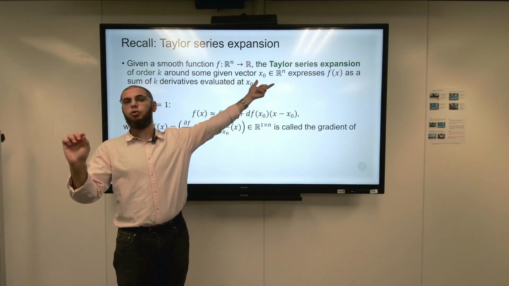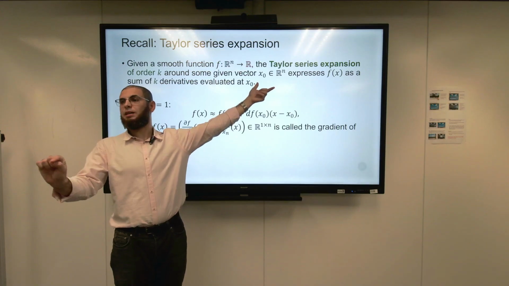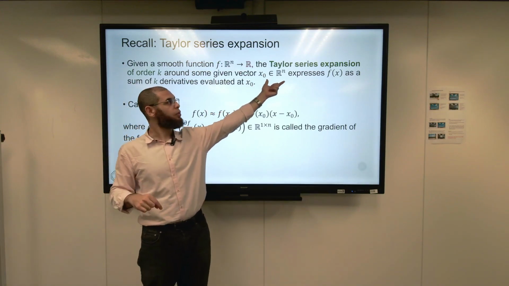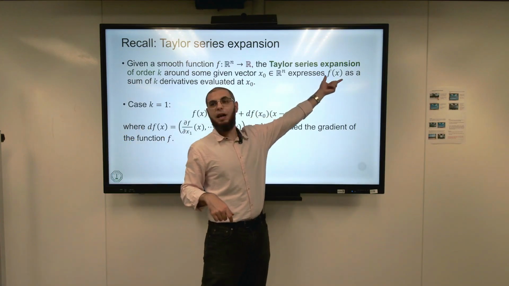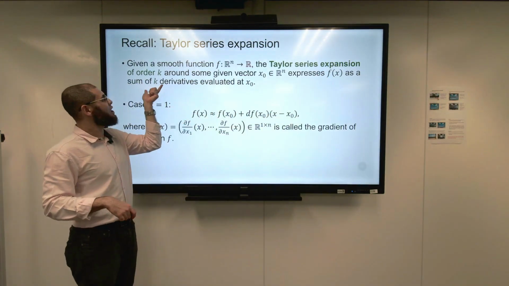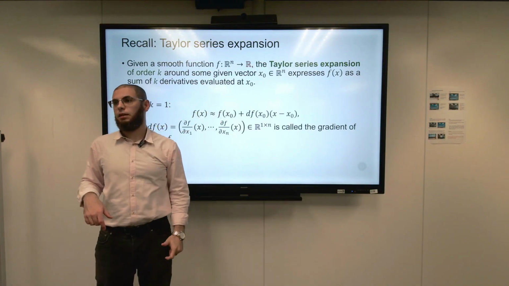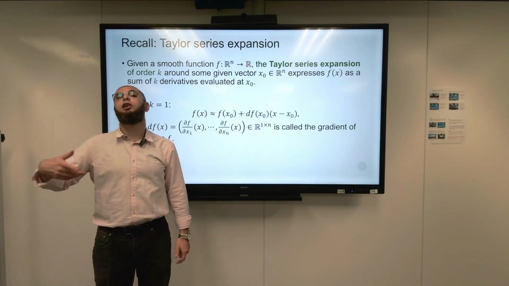So you choose, for example, that you want to approximate the function around some x0. Then you would express f(x) as the sum of k derivatives evaluated at x0.